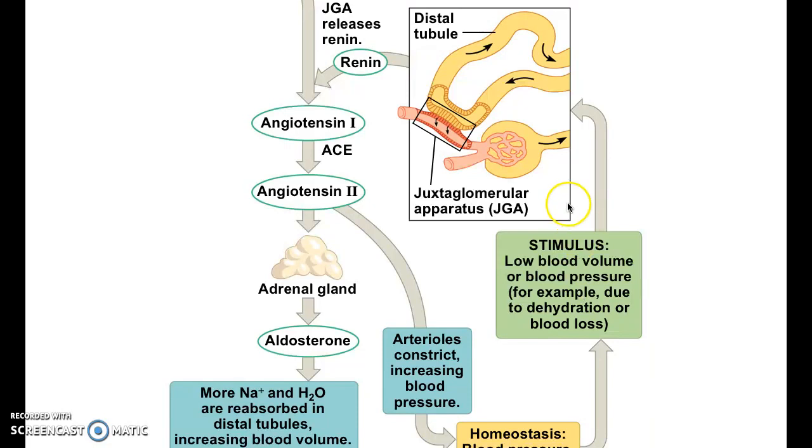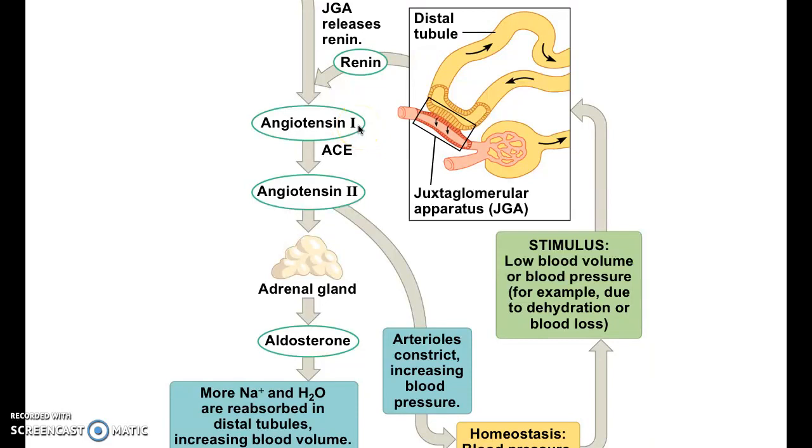Once that happens, the renal cortex pumps out an enzyme, a hormone called renin. This is a part within the kidneys itself, the renal cortex. Renin then stimulates angiotensin 1. A very good example for that: if you remember the digestive tract system, you had pepsinogen, which needed to be activated using the HCl to become pepsin.